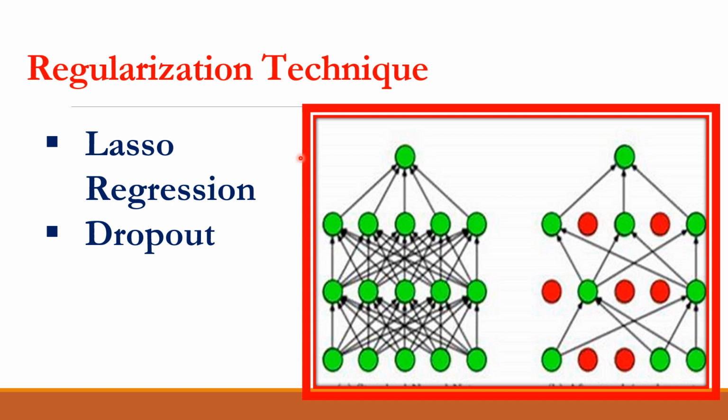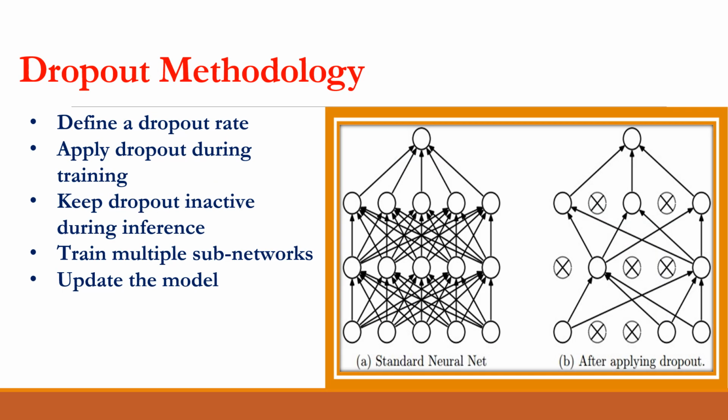This game requires you to carefully remove parts without triggering the buzzer, just as dropout requires the network to function without specific neurons or connections. So in both examples, regularization techniques are used to strike a balance between model complexity and generalization performance, ensuring that the model not only performs well on the training data but also on new unseen data. So let's explore dropout in detail now.